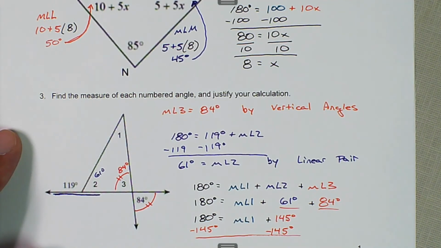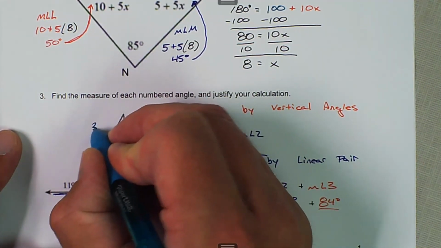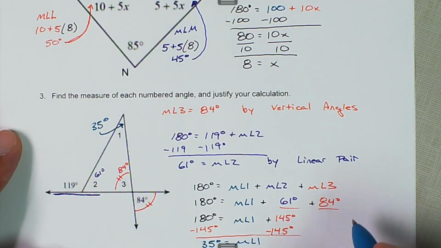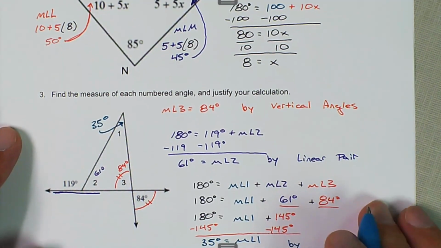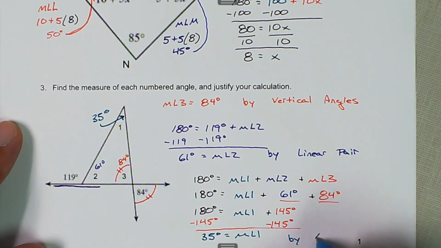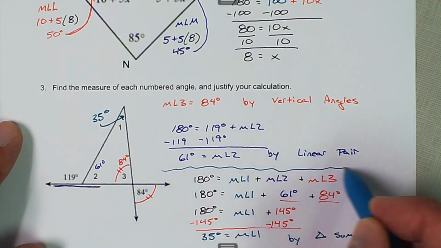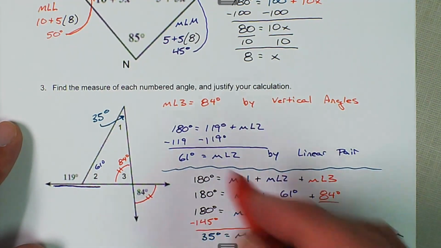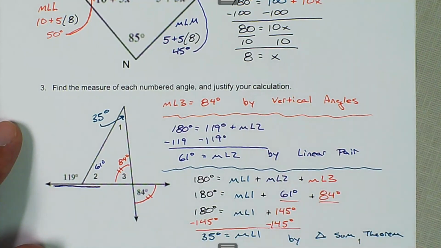And then we get 35 degrees is equal to the measure of angle 1. So that's 35 degrees up there. And that was by the triangle sum theorem. So we had to know vertical angles, we had to know linear pair, and then we could use triangle sum after that.